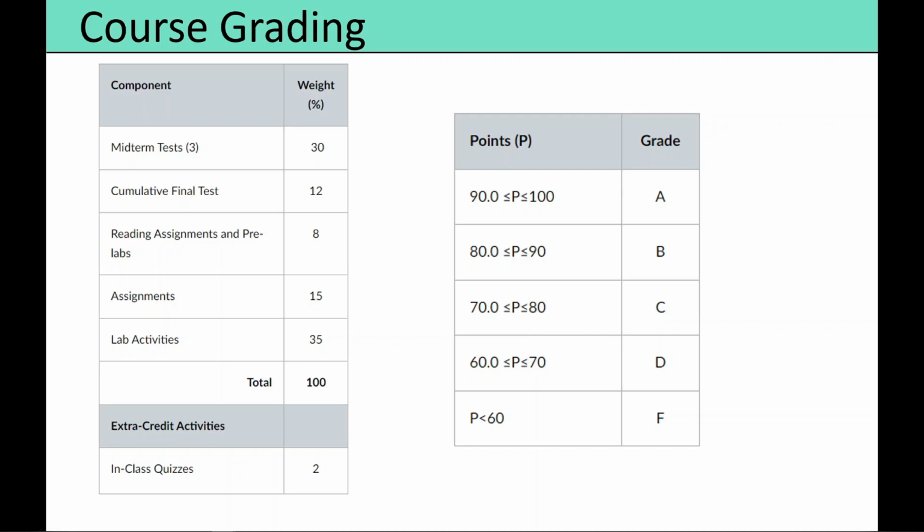So all these components are weighted to get a score of up to 100, and we convert that total score to a letter grade using the standard scale, right? So grades equal to 90 or above, you get an A. Between 80 and 90, you get a B, and so on.